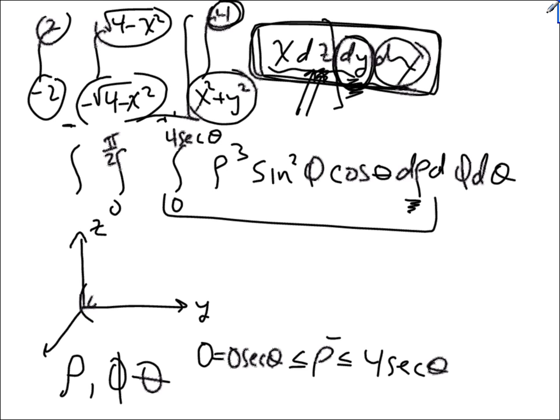Looking at the very first limits, z goes from x squared plus y squared to 4. That is, z is bigger than x squared plus y squared, up to 4.